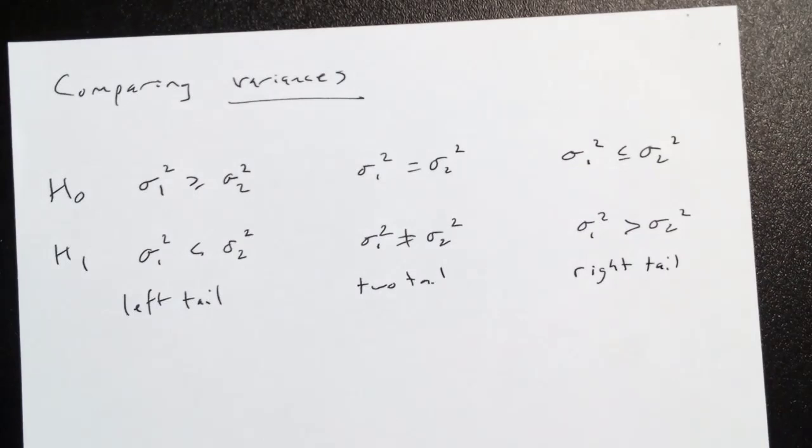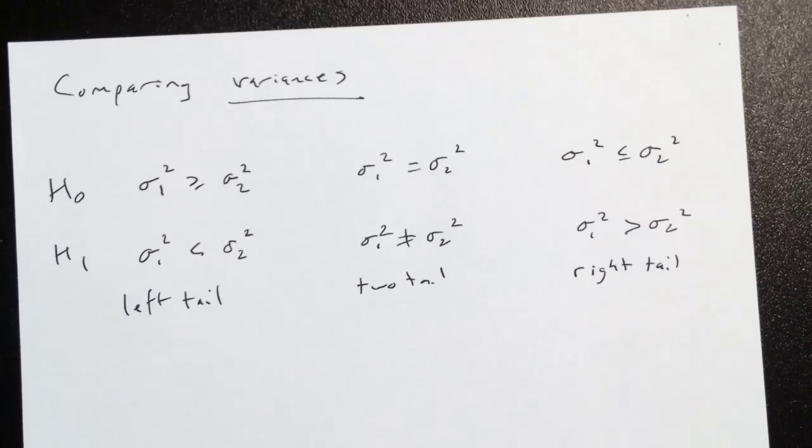Now, I must tell you that this bothers me quite a bit, because which one you call sigma 1 and which one you call sigma 2 changes whether you're doing a right tail or a left tail. And I'd rather have a single comparison behavior.